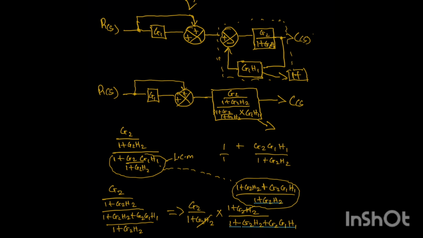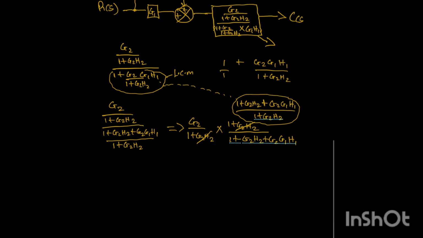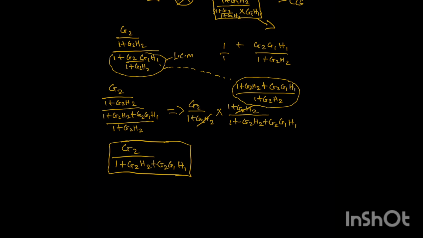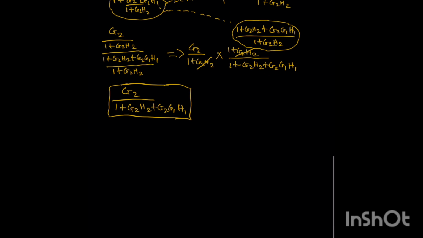So this will cancel this. We are left with G2 all over 1 plus G2H2 plus G2G1H1. We have now modified this particular block.